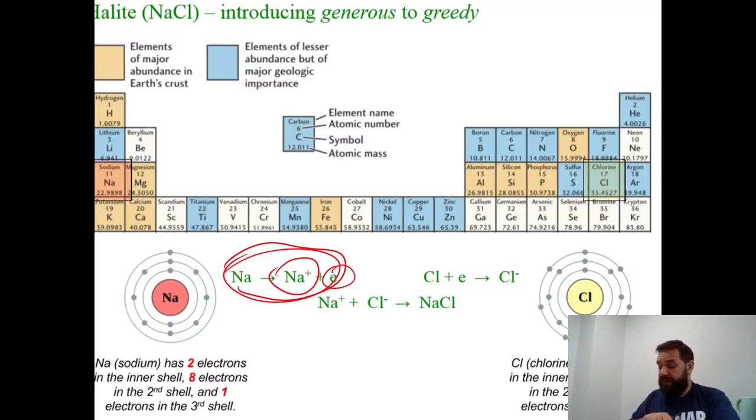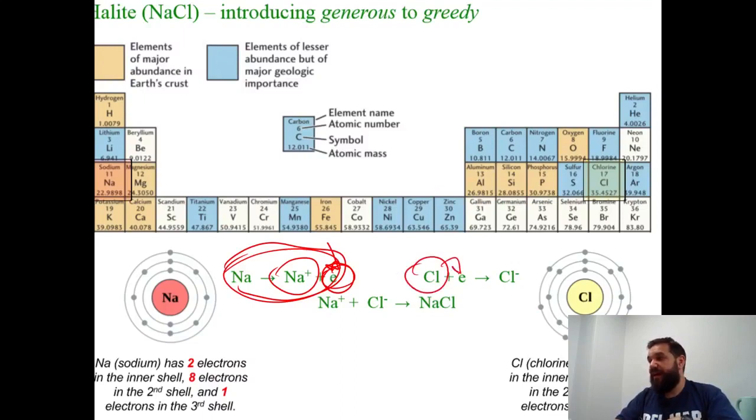I'm going to answer these right now. What is an ion? An ion is an atom with a net charge. So when sodium loses that electron, it takes on a net charge, right? Because now it doesn't have enough electrons to balance out the positives in its nucleus from the protons. Does that make sense?